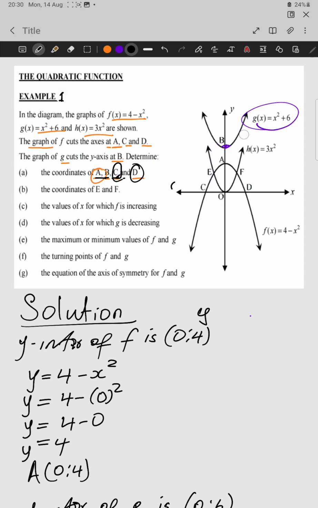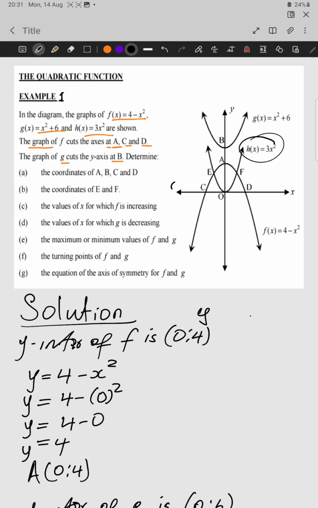Then now let's go to number 2, that is this portion: determine the coordinates of E and F. E is the point of intersection where the two graphs intersect, as well as F. So that is the graph of h and the graph of f, and they intersect at E and at F. Where the two graphs intersect, you have to equate those two equations.